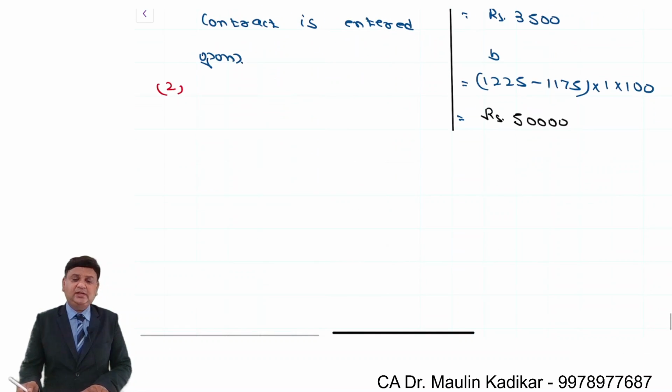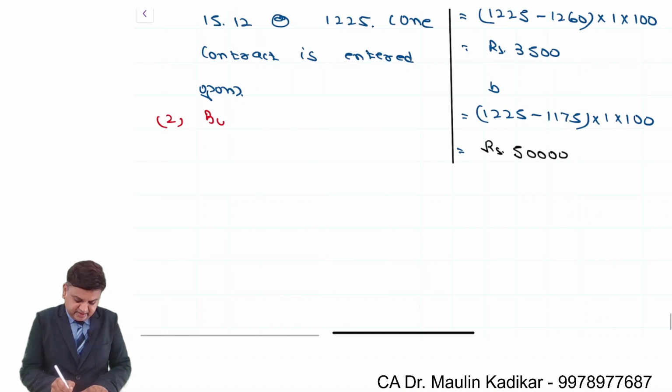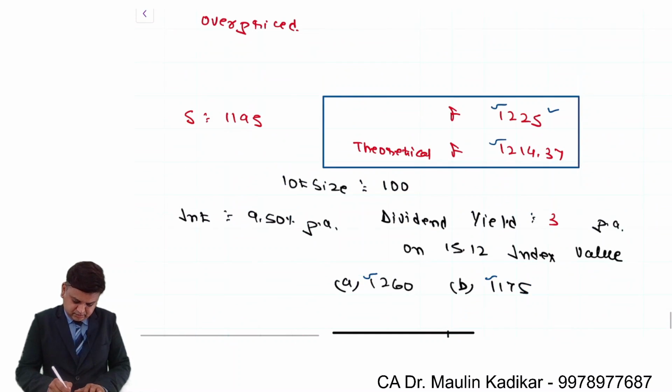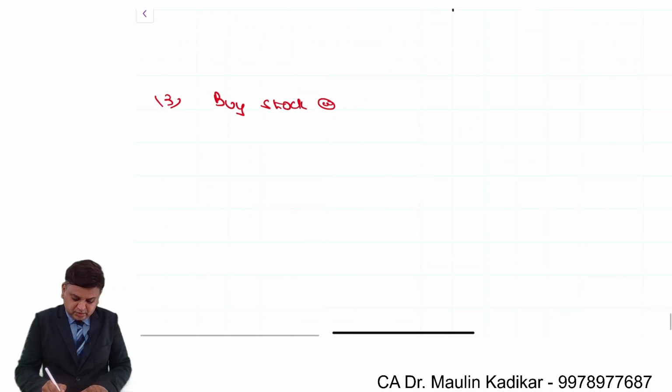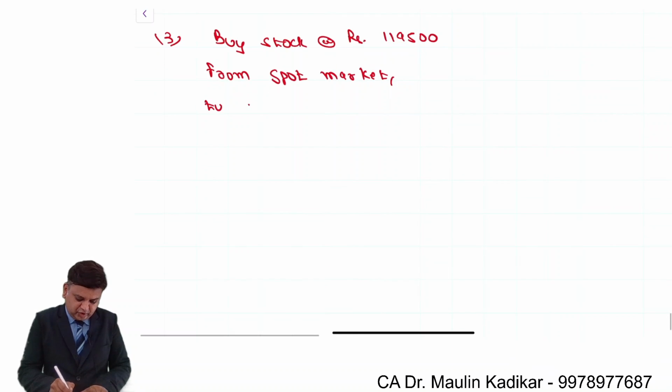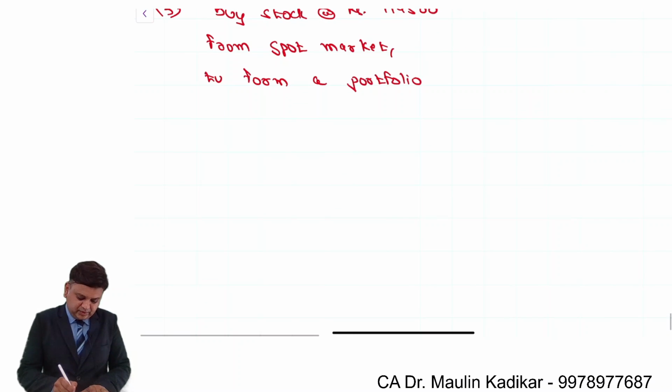So today you will enter into the transaction like this: buy stock at the rate of rupees 1,19,500 from spot market, to form a portfolio equal to index.